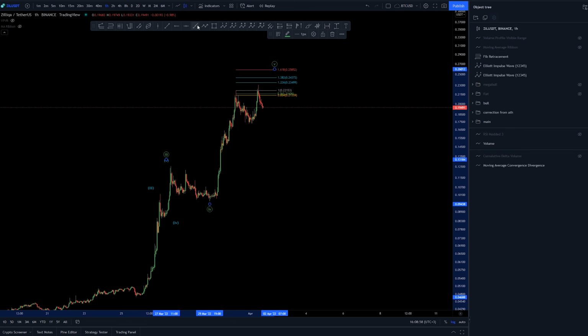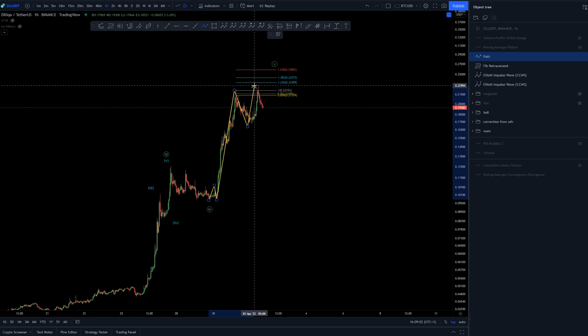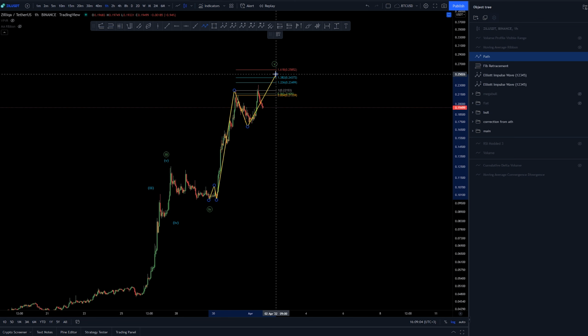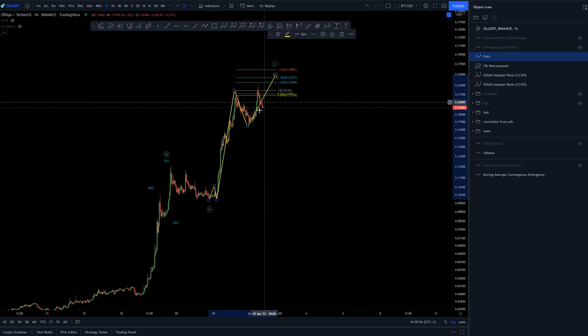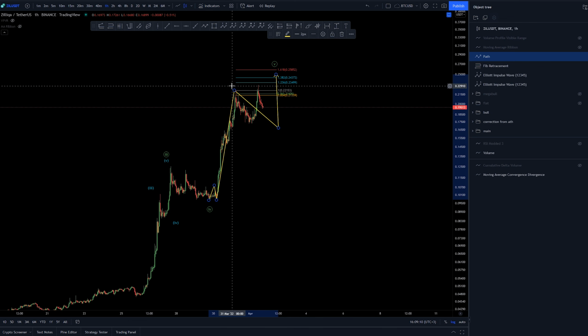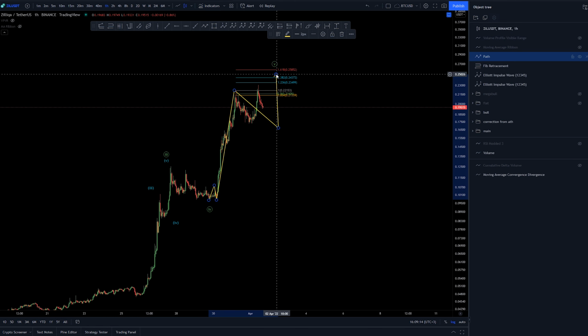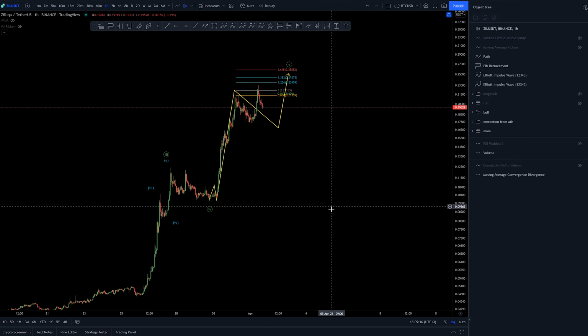But most likely it is doing this 1, 2, 3, 4 and 5. Whether this is the fourth or it is creating some kind of flat pattern coming down a bit here before the last pump up to the 5.